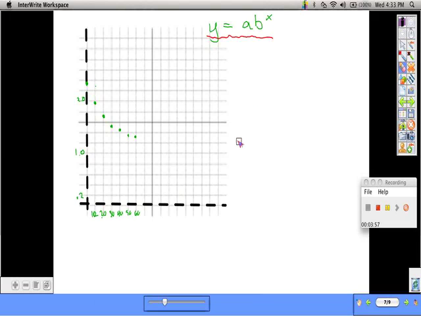Now normally, y equals a times b to the x, when it's decreasing like this, when it's decay, we're getting closer and closer and closer to 0. But in this problem, we're getting closer and closer to something other than 0. What we're actually getting closer to is 1.25.